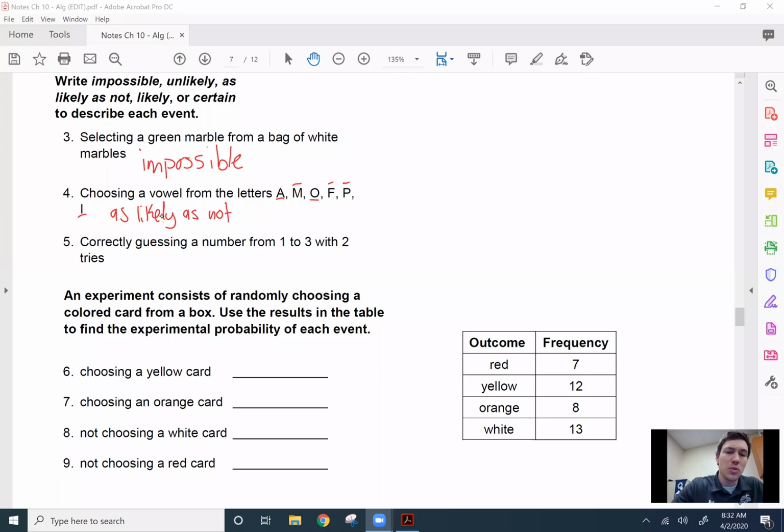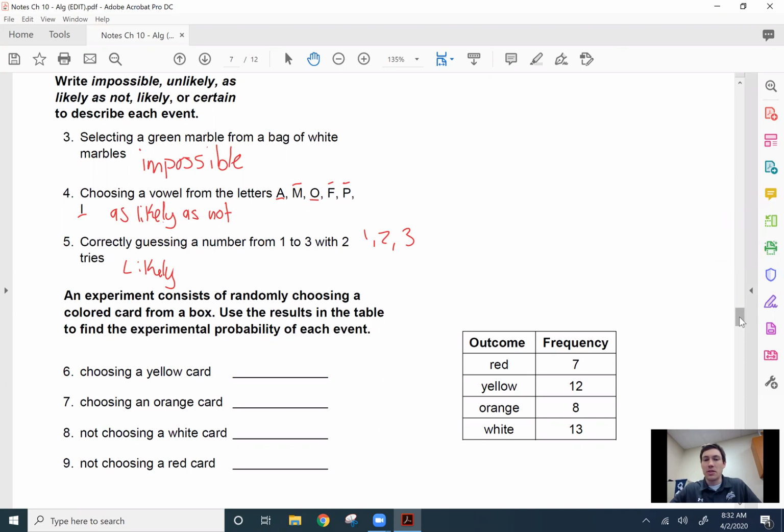So they're saying between 1 and 3, correctly guessing a number with 2 tries. Well, let's see here. You can guess 1, you can guess 2, you can guess 3. If you get 2 tries, you have about a 66% chance that you pick the correct number.